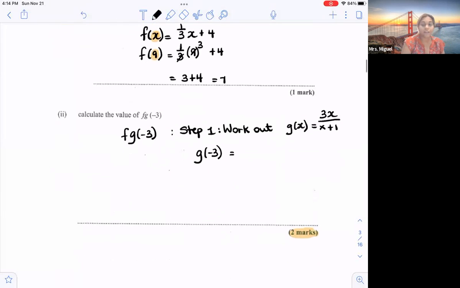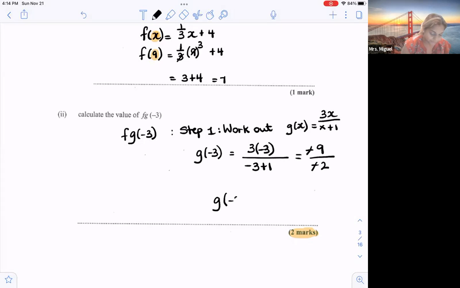So wherever you see x, you are simply going to replace it with -3. So 3 by -3 and -3 plus 1. So 3 by -3 is -9, and -3 plus 1 will give me -2. This is going to cancel.